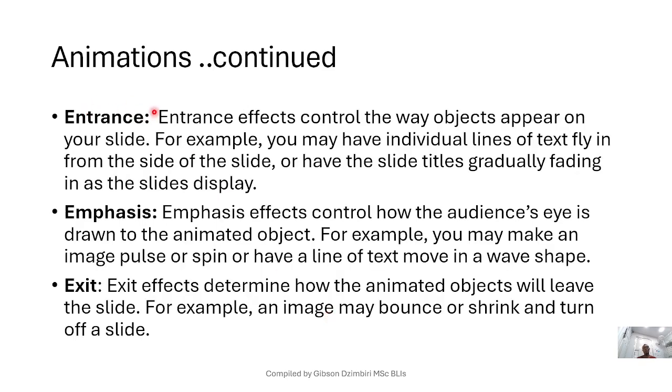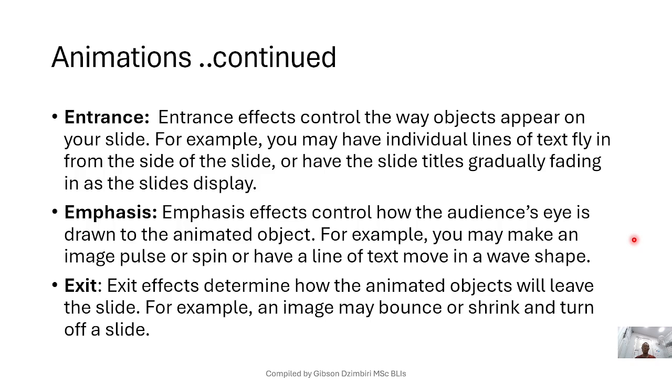So we have got three types of animations. We have got entrance animation. The entrance animation is usually applied when you have just landed on your next slide. So this should be the first animation which has to take place as you are just entering into the slide. For the emphasis, it means that this one has to be applied especially when you are still on the slide you are reading.